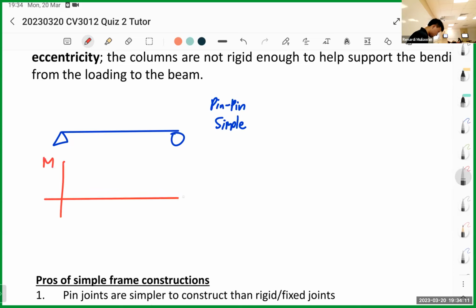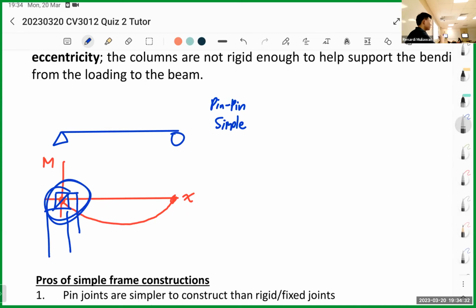This is M, this is X. If you notice at this point and at this point, the moment is 0. Since your column is here, there's 0 moment transferred to the column. The column doesn't help the beam to resist the moment. The one resisting the moment by the load is just the beam. That's what it means by simply supported.